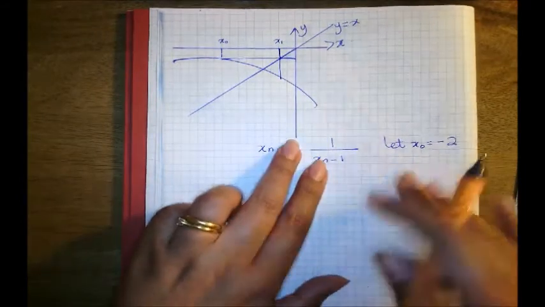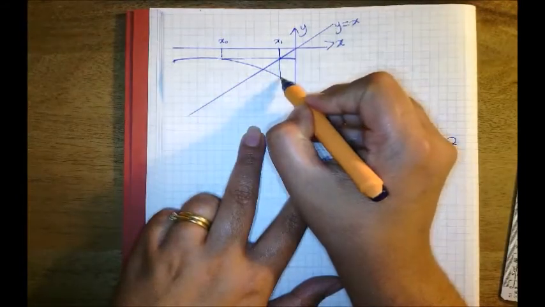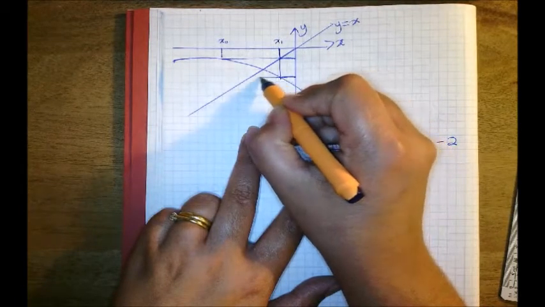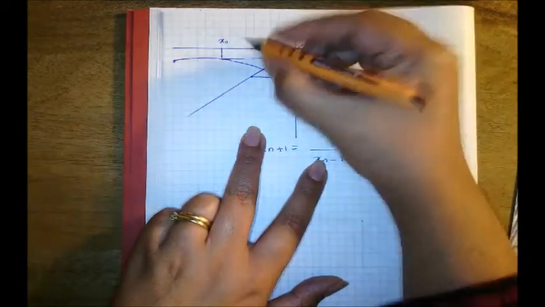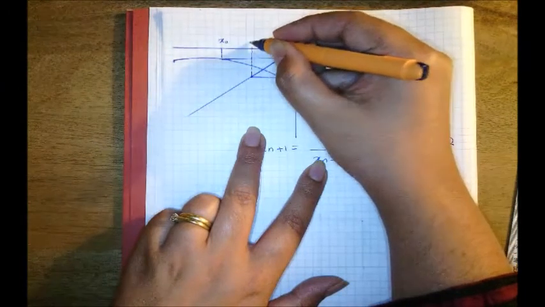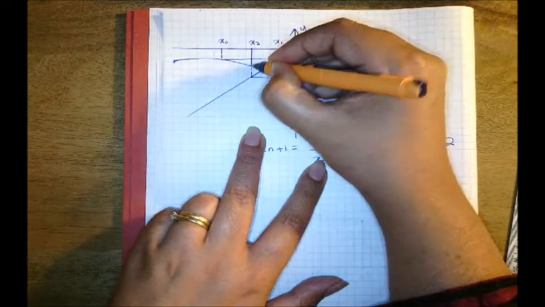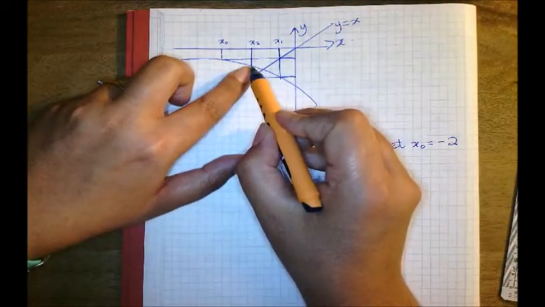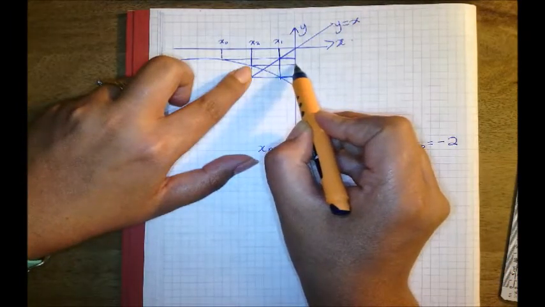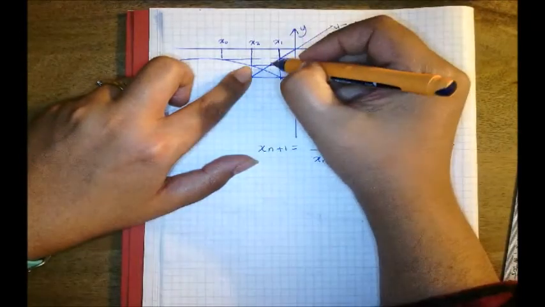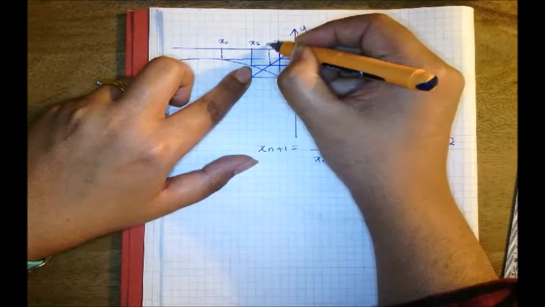Now if I was to start, let me write this again. My recurrence relation looks like this, and let x naught equals minus 2. So what would happen? Let's say this is my x naught. First of all, I input it into this side of the function. That's my output value, which is here.